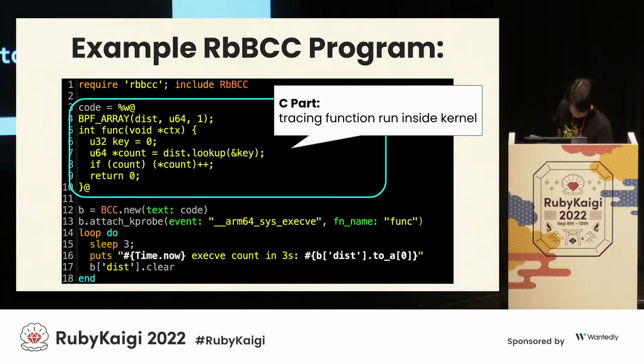This part defines the function called every time the specific kernel function is invoked. In this example, when the function is called, the counter is incremented.